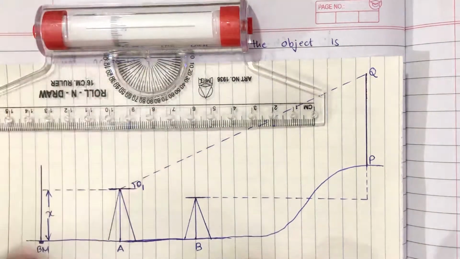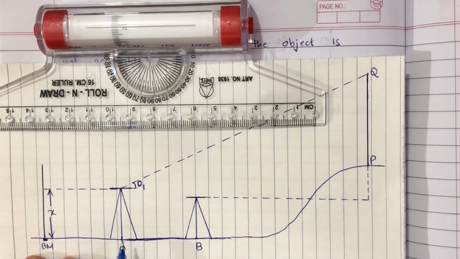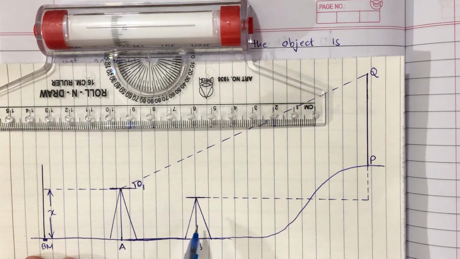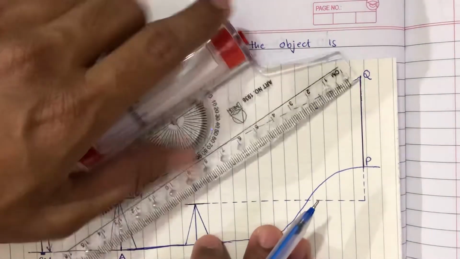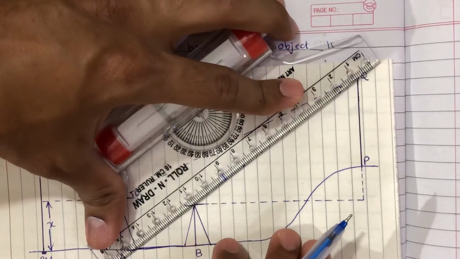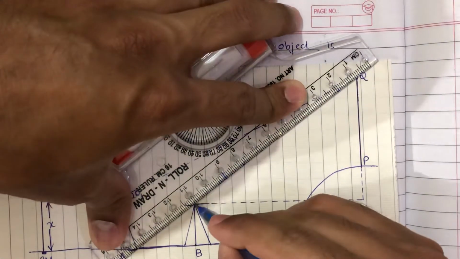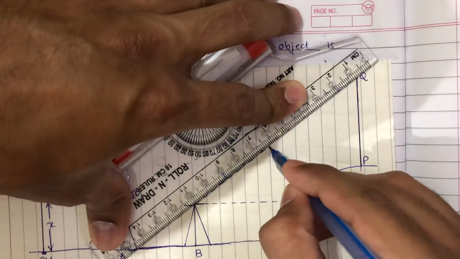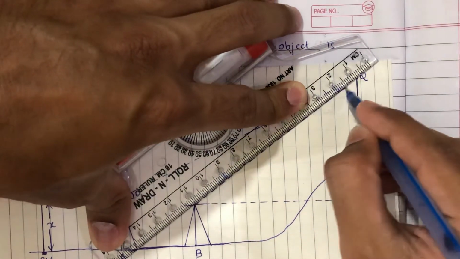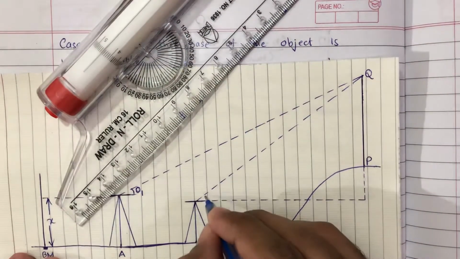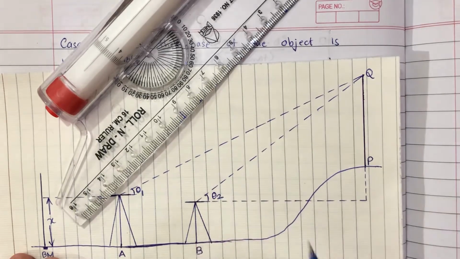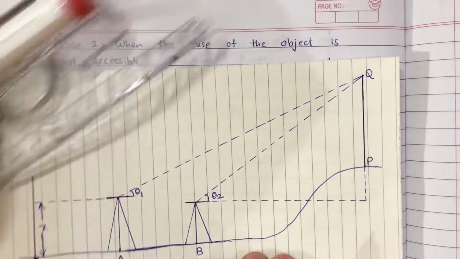Next, the theodolite is shifted from this position and transferred to this position B. While transferring, it has changed its height. So again we will take a new angle of elevation from this theodolite placed at point B. Suppose this angle of elevation is theta 2.